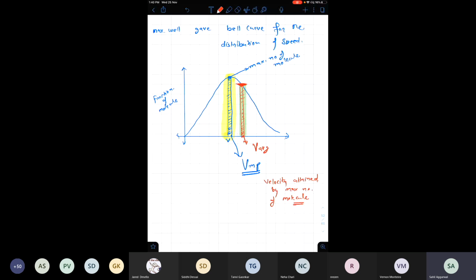Even more velocity is attained by a lesser number of particles, and that is VRMS. So VRMS will be greater than V average, which will be greater than VMP. VMP will be minimum and will be attained by a maximum number of molecules.